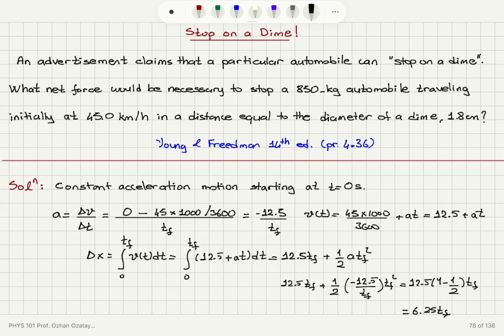And what is this displacement equal to? It has to be the diameter of a dime, 1.8 centimeters, so it's 1.8 times 10 to the minus 2 meters. So that is the requirement, or that's actually what is suggested by the advertisement.